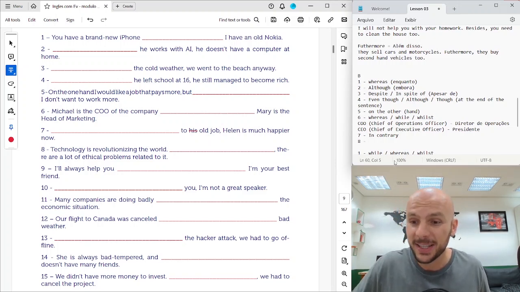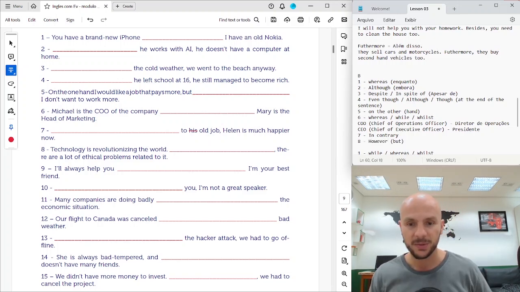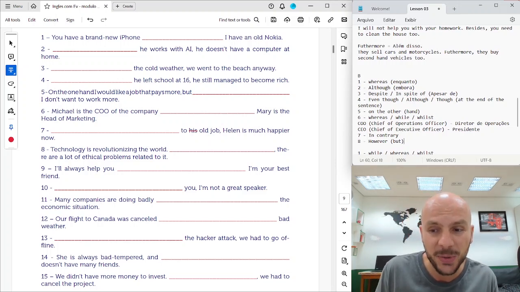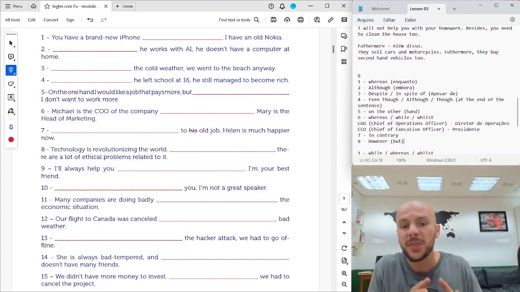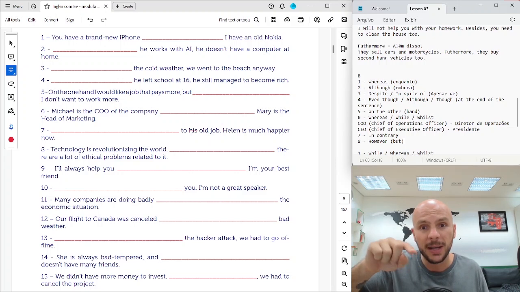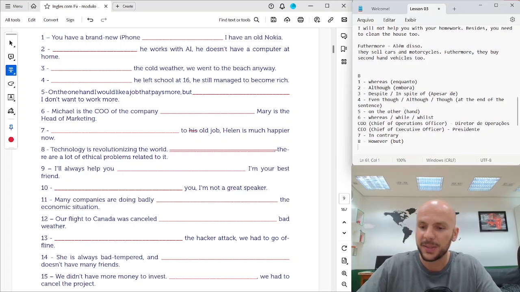How do you say this in English? Yes, however, or could be also but. But there are a lot of ethical problems related to it, or however, there are a lot of ethical problems related to it. The only difference is we don't use comma after but, okay? And here there is a comma. So the best answer here is however.